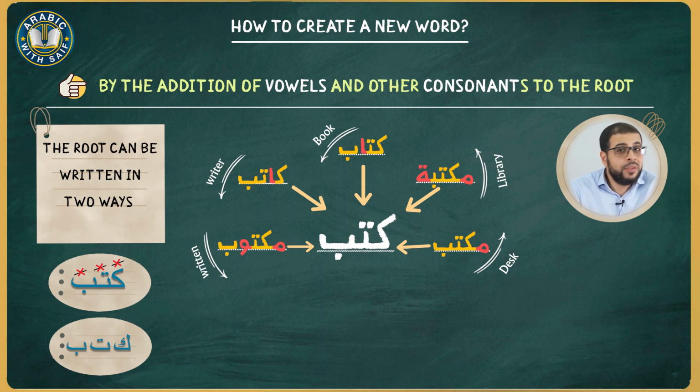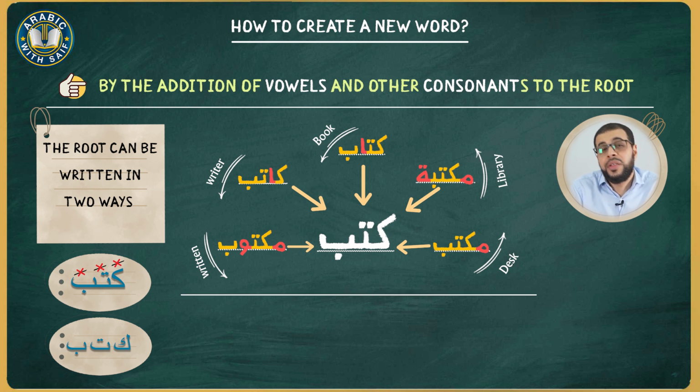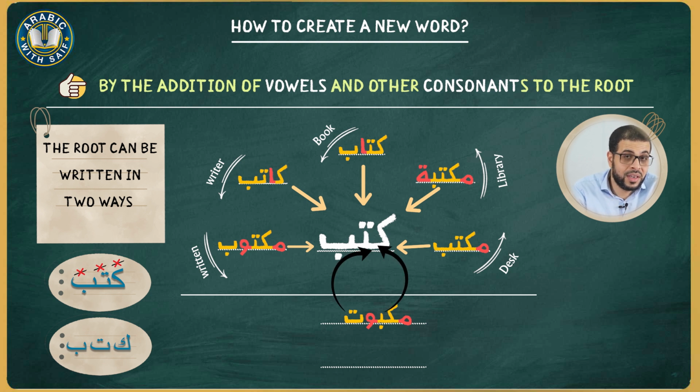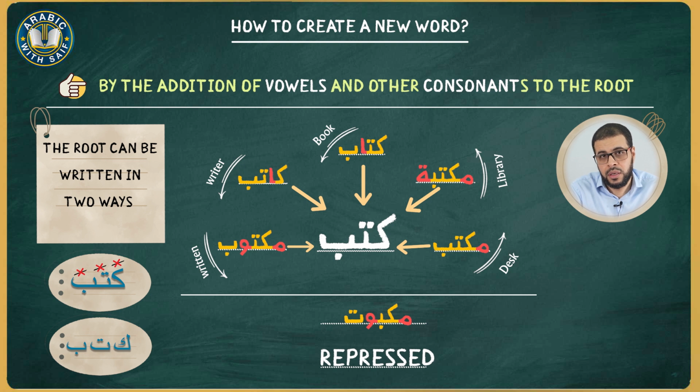So what will happen if we don't follow the letters order of the root? Let's take an example. The word makboot includes the same three root letters, kaf, ta, and ba, but not in the same order. If the root letters order is not respected, the meaning changes completely. The word makboot means repressed, which has no relation with writing or writer.